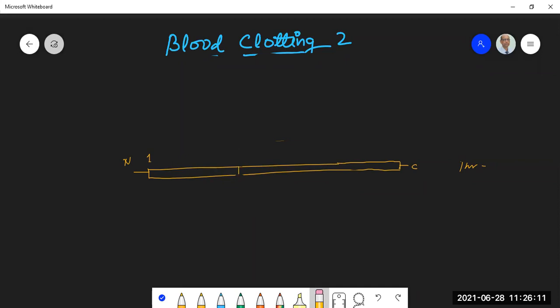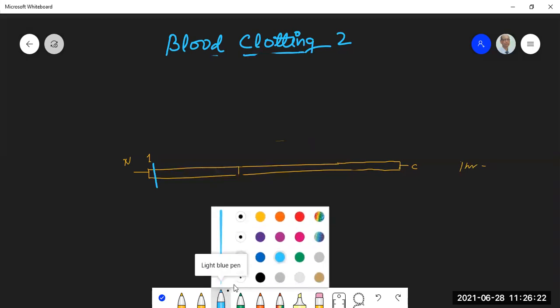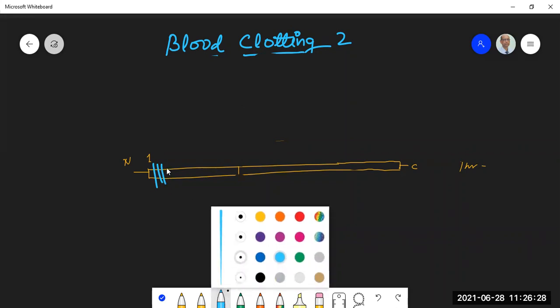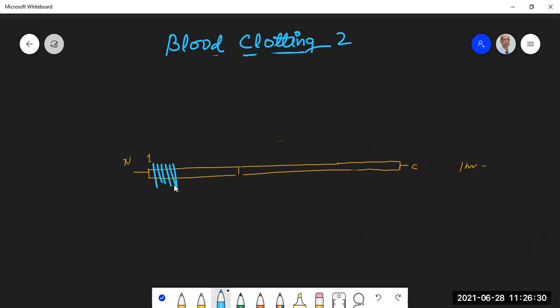So what was found out is that towards the N terminus of inactive precursor prothrombin, you have close to 10 successive glutamate residues.